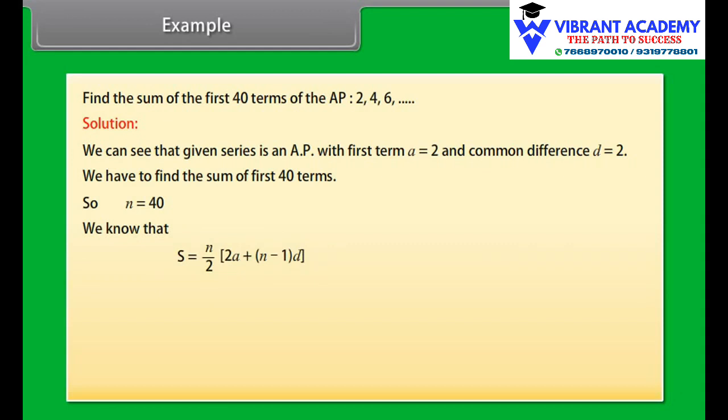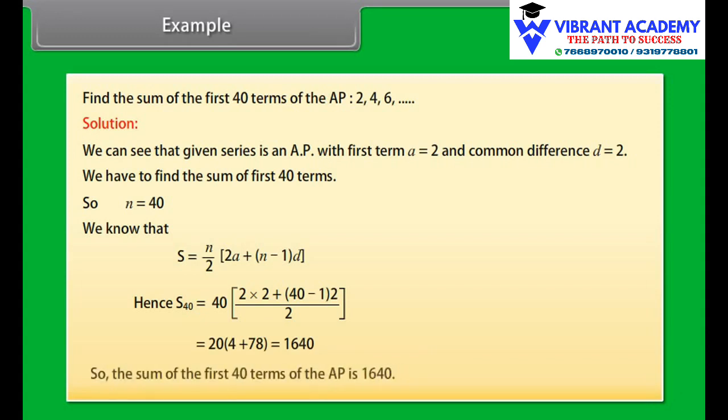We know that S is equal to n upon 2 into (2a plus (n minus 1) into d). Hence, S40 is equal to 40 upon 2 into (2 into 2 plus (40 minus 1) into 2), which is equal to 1640. So, the sum of the first 40 terms of the AP is 1640.